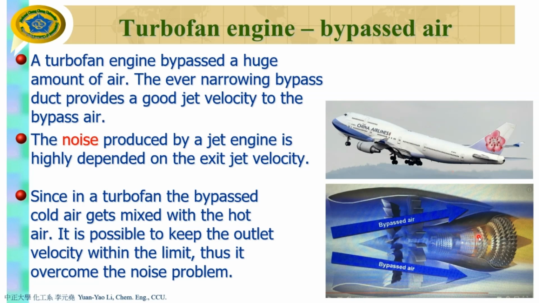But unfortunately, this is too noisy. If air goes through this engine very fast, it gets very, very noisy, and you cannot bear it. So there is a kind of bypass air to eliminate the noise or make the sound less loud.